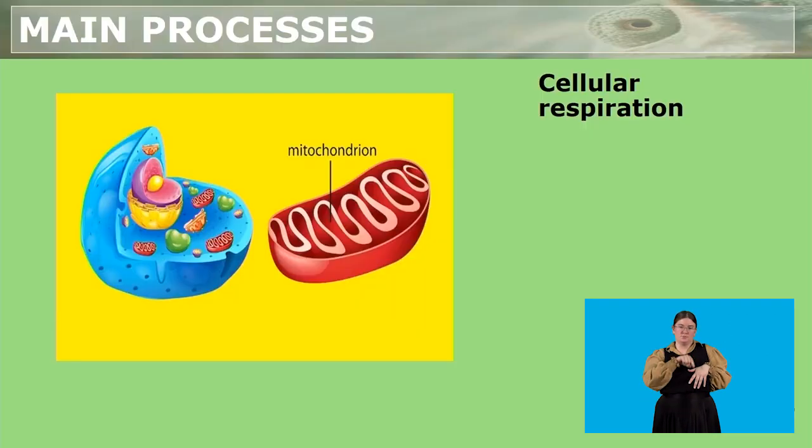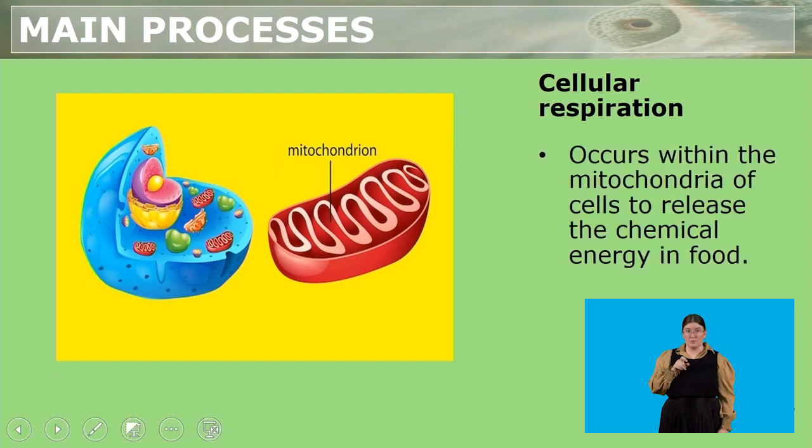Now looking at the last process that is related to the respiratory system, we have cellular respiration. Cellular respiration happens in the mitochondria of the cells. Here we have a human cell, and we know that we find the mitochondria in the human cell. There's a mitochondria. Here's an enlarged version of the mitochondria.